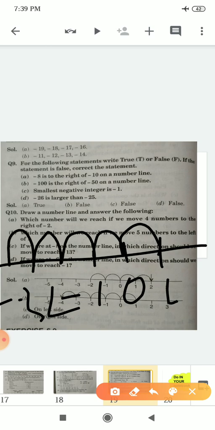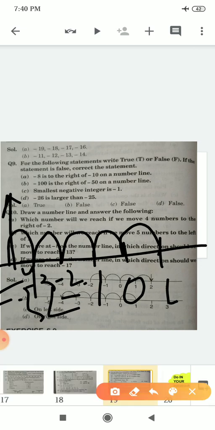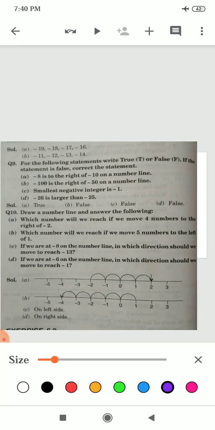Okay, we have moved this much. So which number is falling here? As you can observe, this is minus 1, this is minus 2, this is minus 3 and this is minus 4. So this will be minus 4.